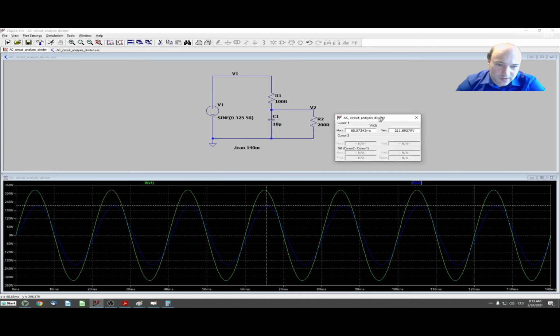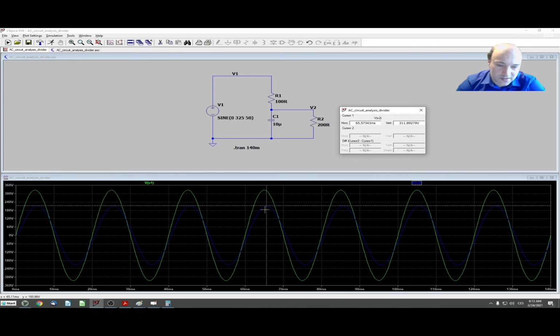And in this waveform you can also see the phase shift between the V1 voltage and V2 voltage. So here you can see the peak of V2 is at 65.57 milliseconds, and where is my peak here for V1?